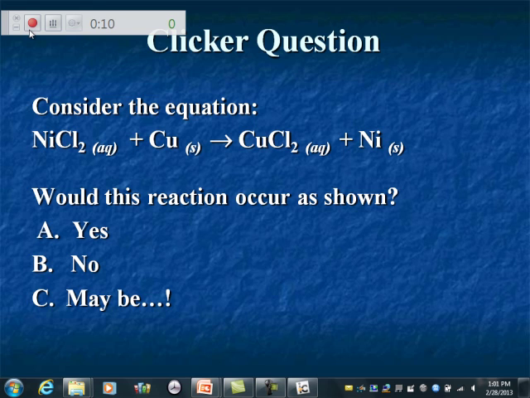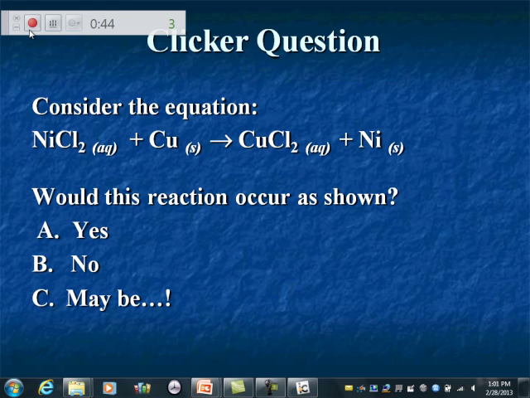I have written down the right side of the reaction. My question is, would it happen this way? Yes, no, or maybe. Use the activity series and check the positions of both metals and see who can displace who. That would tell you whether this reaction will happen or not.